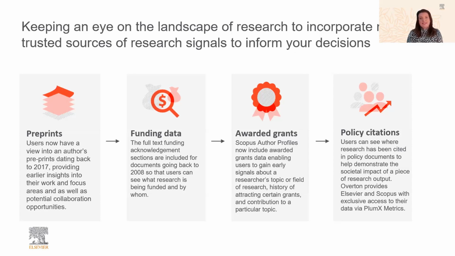Then you also find data on detailed funding information since 2008 and award grants data, all to empower your decision making. Furthermore, we've made it easier for you to see where research has been cited, for example, in policy documents, demonstrating the societal impact of research outputs. And the policy document citation you find in the PlumX metrics section, for example.